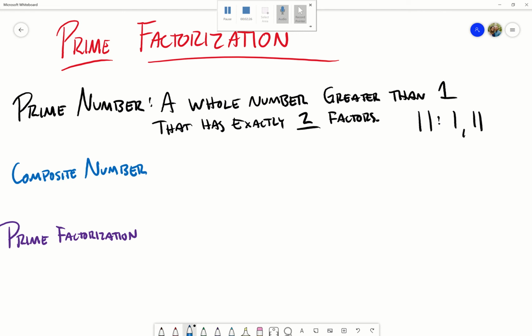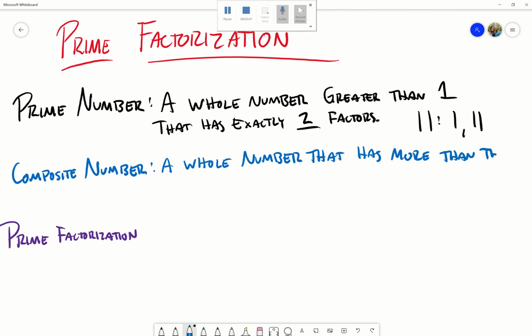All right, a composite number, so that's a prime number. A composite number is a whole number that has more than 2 factors.